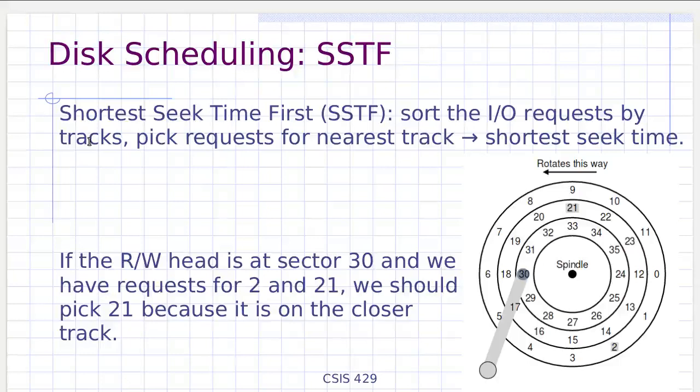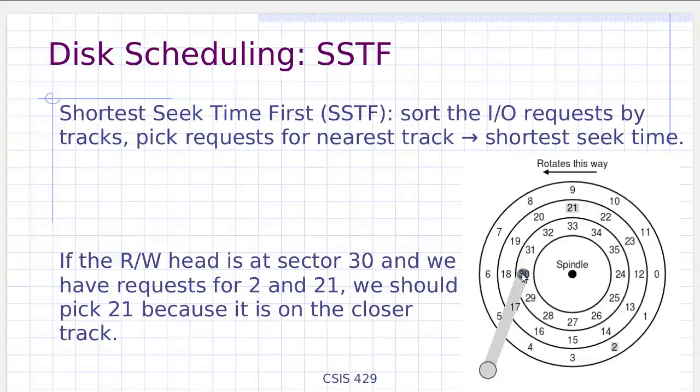For example, if you're at any track at a given time, pick the request for the nearest track. So if the read-write head is at sector 30, which is right here on the innermost track, and we have requests for both sector 2, which is on the outermost track, and for sector 21, definitely we should pick 21.